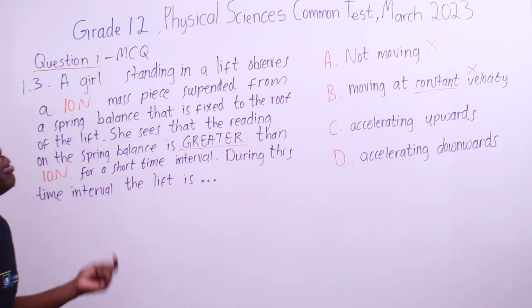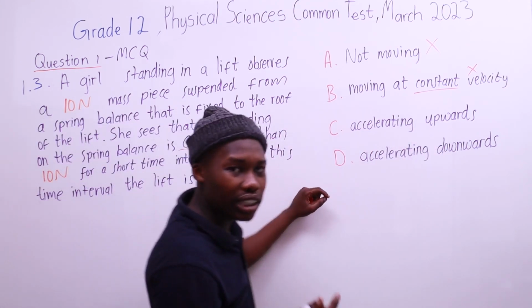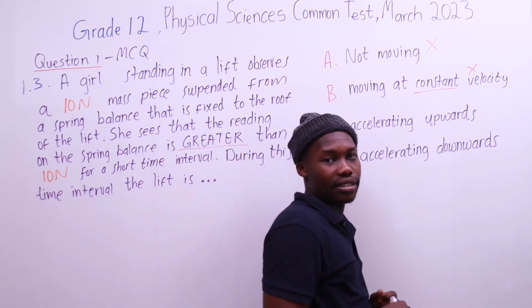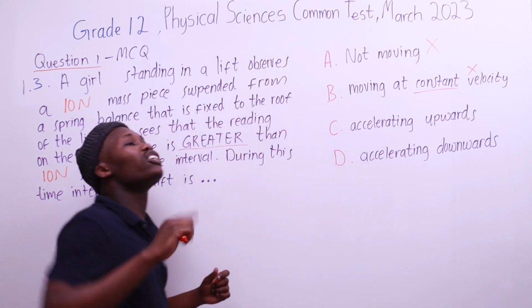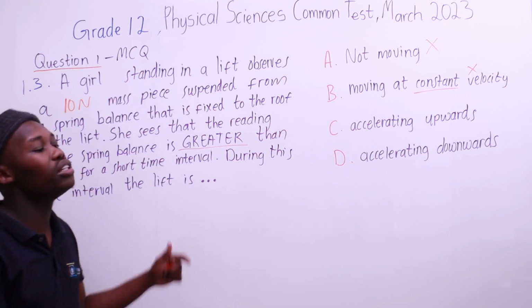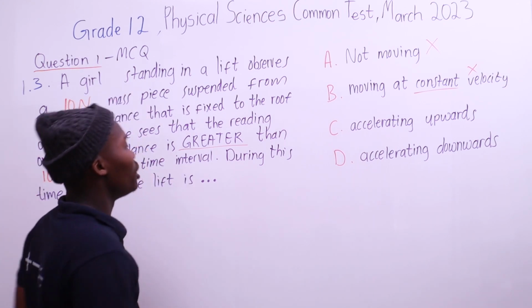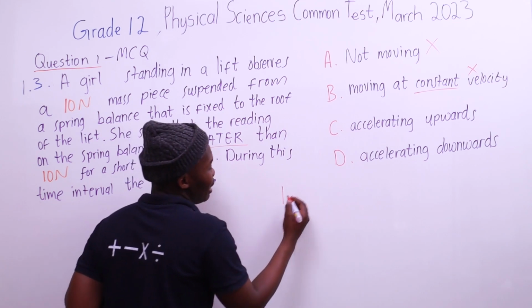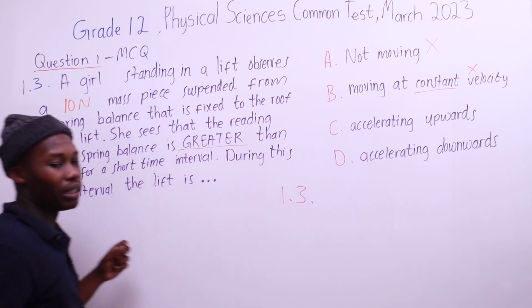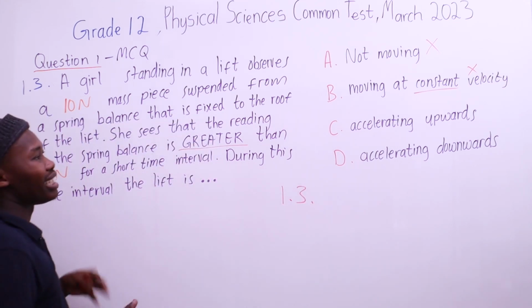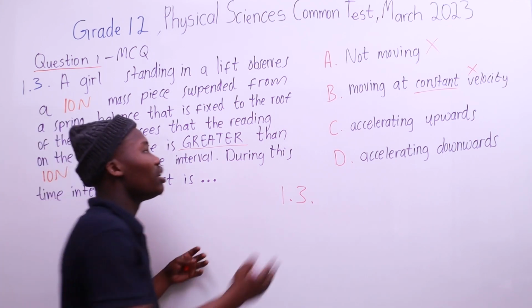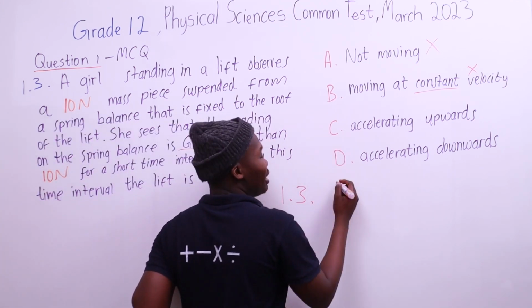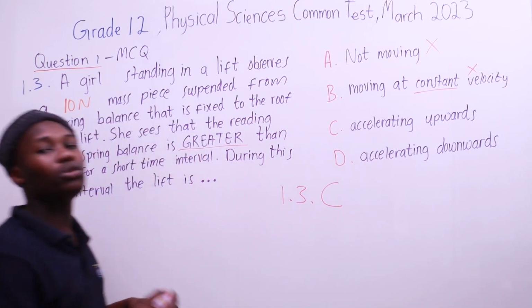Had it been smaller, we would choose accelerating downwards, because the weight points downwards. So what is the answer? We write the question number and the letter assigned to our correct answer, which is C. So we write 1.3 is C. Let us see question 1.4.